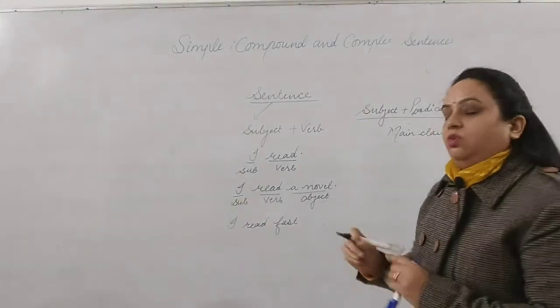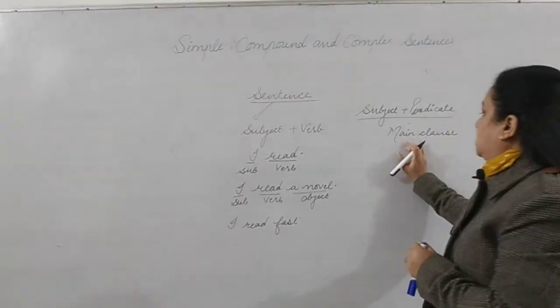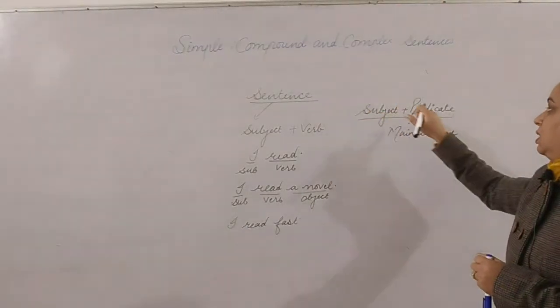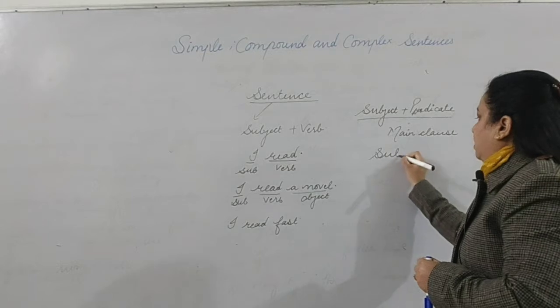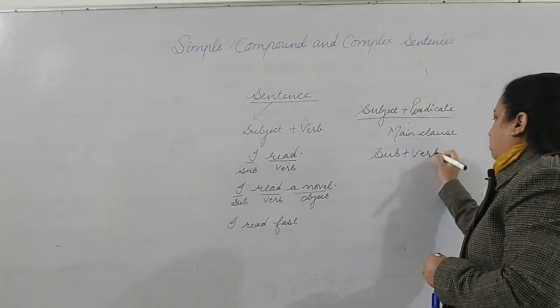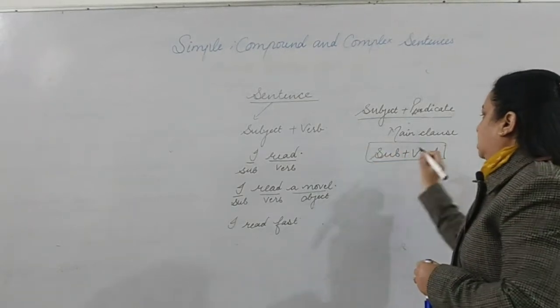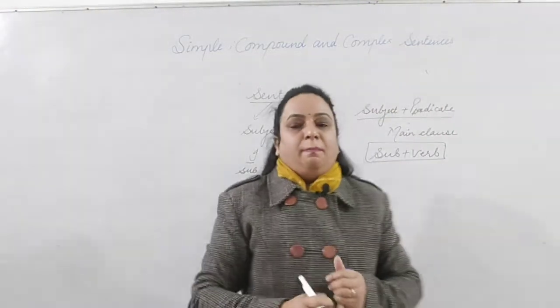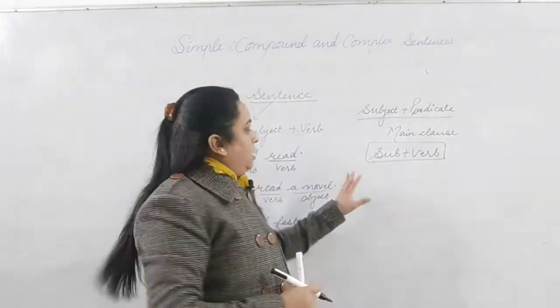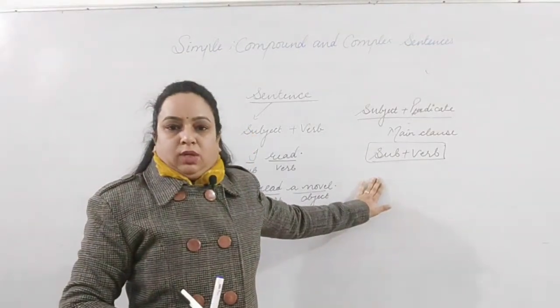So which kind of verbs do we require here? We need finite verbs: subject plus predicate, or it may be subject plus verb. If we have this kind of structure, that is known as a clause, the main clause. So in simple sentences we require a main clause only, right?